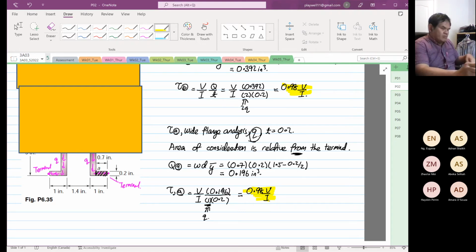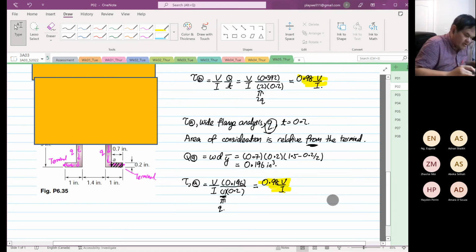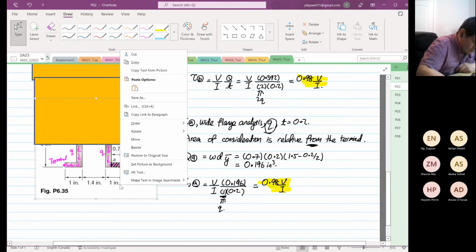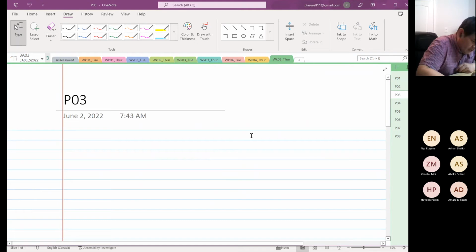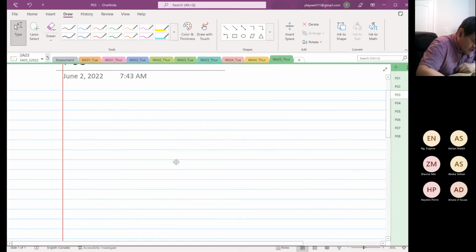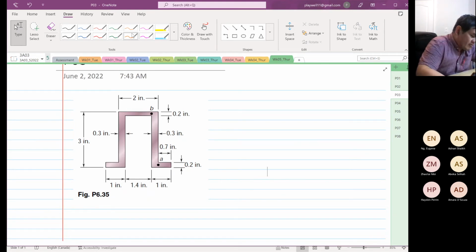Okay. So now, next we're going to determine the first moment of area at the centroid. Because we know that at the centroid, the first moment of area is going to be at its maximum.